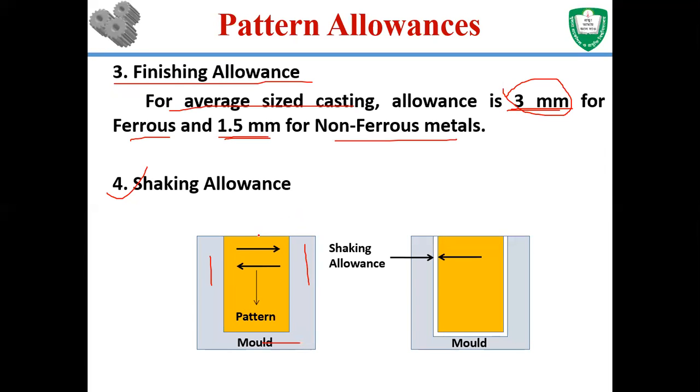You use a hammer to lightly strike on the surface so that the pattern can be disengaged from the mold. It will not be completely detached, but there will be a little bit of energy loss, and that is why it will be slightly disconnected from the mold.